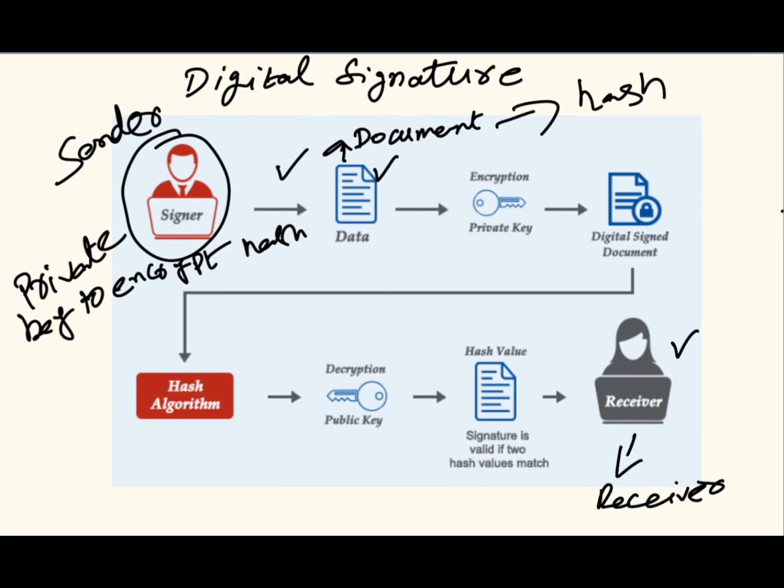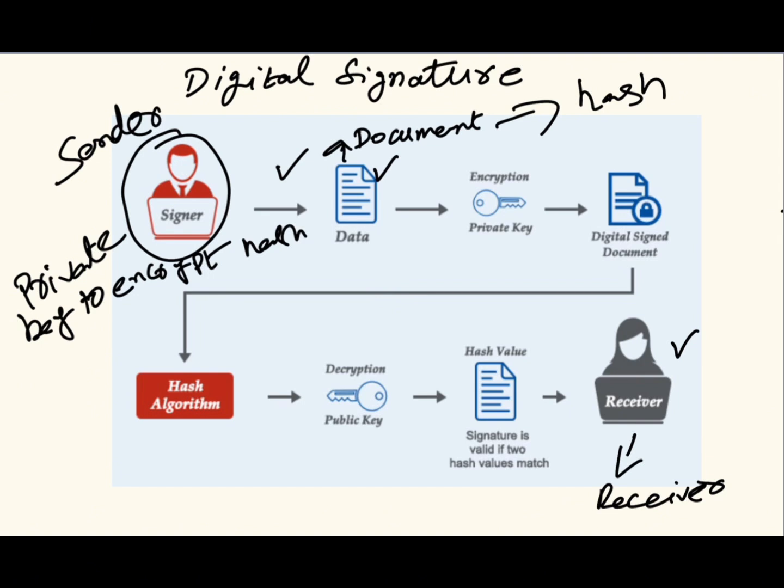That is the catch we need to understand. We need to understand the difference between private and public key usage. In asymmetric encryption, we encrypt the entire document with the recipient's public key, and then the recipient can decrypt that document using his or her private key.